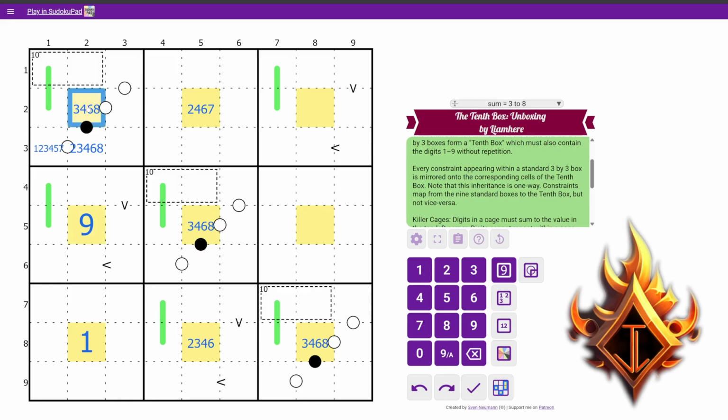These are on a green line, so those become 3 or 4 only. This is now 2, 6, or 8.